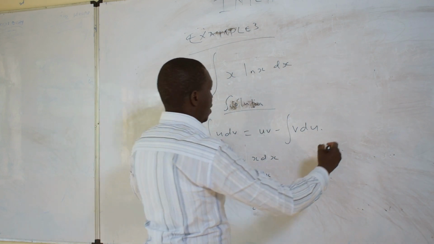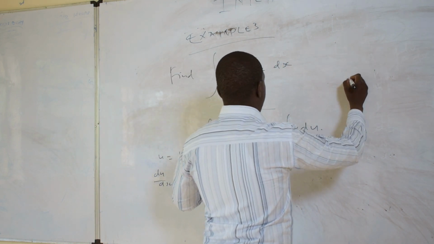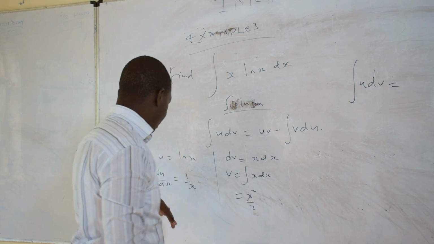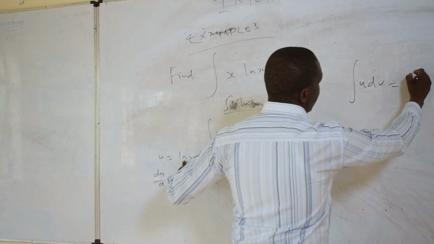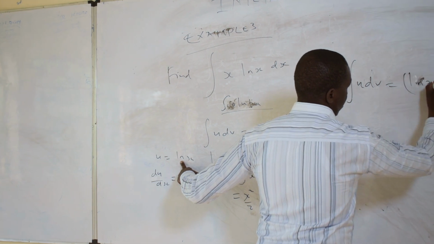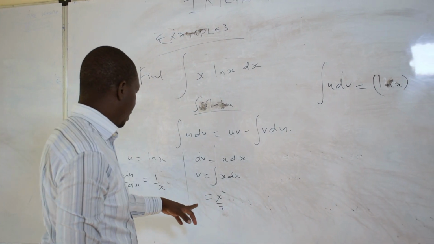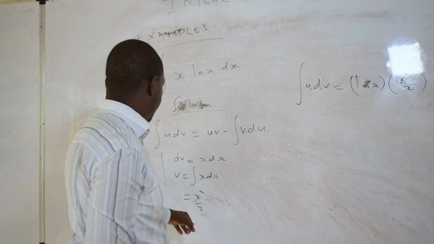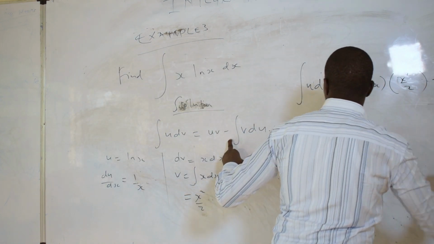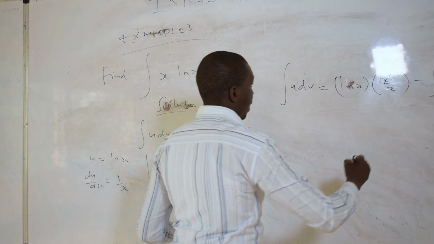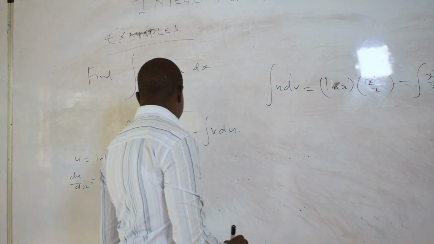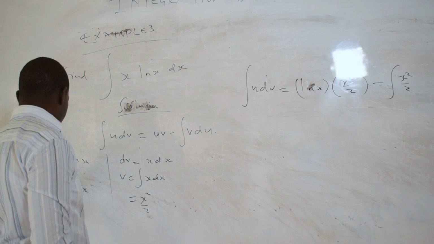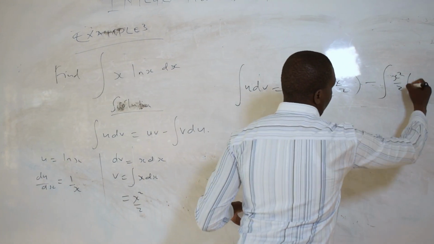If you substitute in these equations, the integral of u dv will be equal to u, which is natural log of x, times v, which is x squared over 2, minus the integral of v du, that is x squared over 2 times du, which is 1 over x dx.